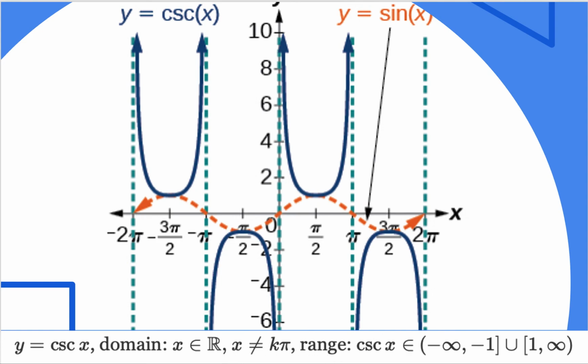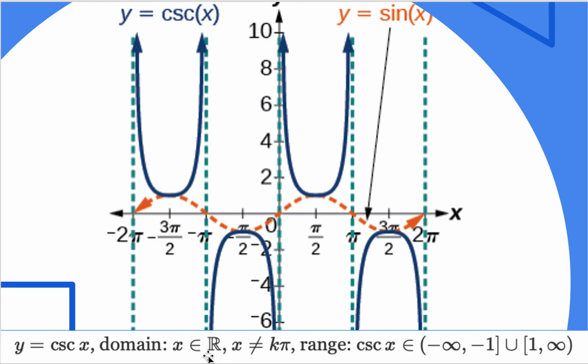But the sine x is continuous everywhere. The domain of the sine x is from minus infinity to infinity, and the range is from minus 1 to 1. In the same way, the cosine has the same domain from minus infinity to infinity, and the same range from minus 1 to 1.